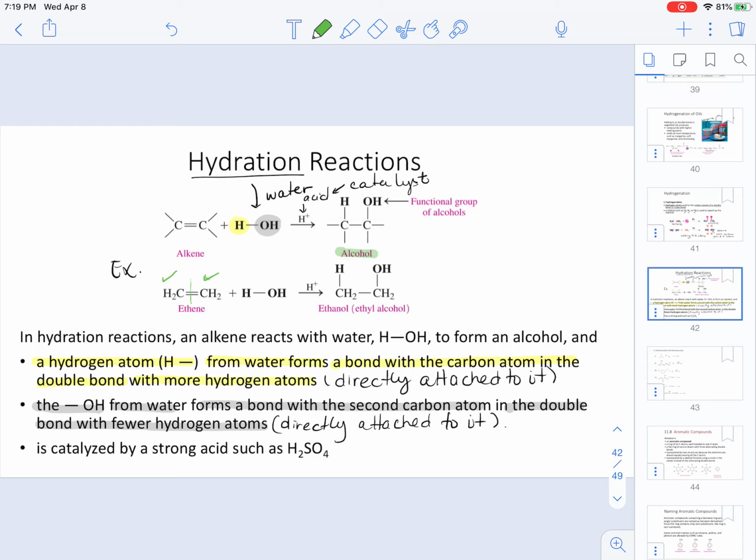So let me give you an example in which this rule will apply: the carbon that has the most hydrogens will get the hydrogen and the carbon that has the least hydrogens gets the OH.